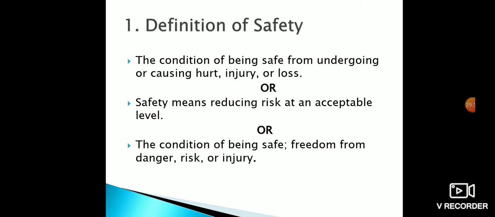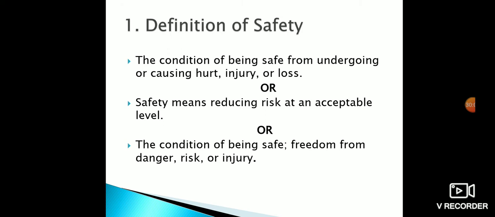At your workplace, at your traveling place, at your living place, you can reduce risk at an acceptable level, and that is called safety.